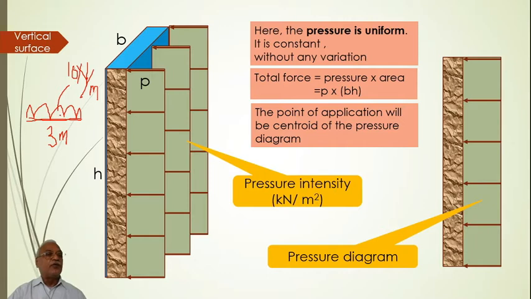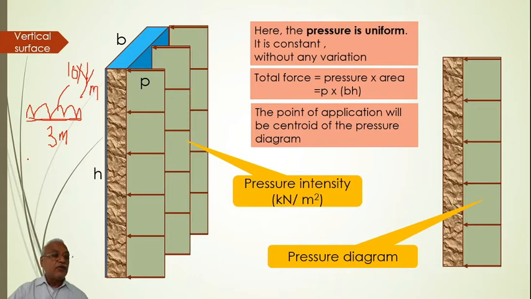Now we replace this by a single force. How much is that? 10 newton per meter length for 3 meters, so it becomes 30 newtons. Where will it be acting? It will be acting at the centroid of the loading diagram, right?